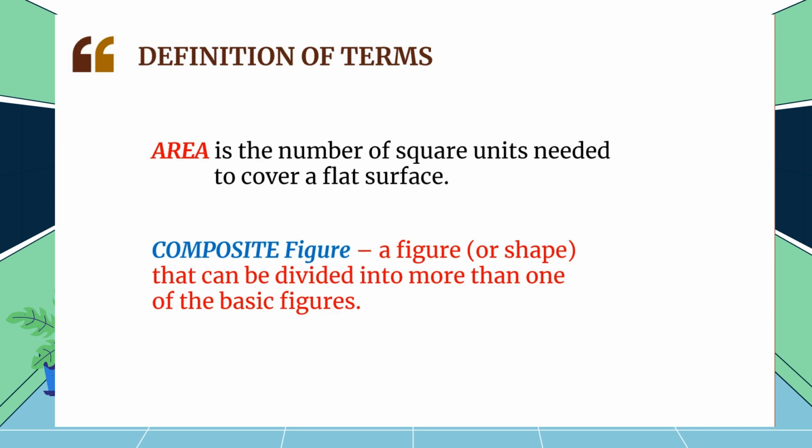It is a figure or shape that can be divided into more than one of the basic figures. Well, pag sinabi natin basic figures, kagaya na nabanggit sa ating most essential learning competencies, nabanggit doon yung square, rectangle, triangle, circle, and semicircle. So dito, iikot ang ating paksa ngayong linggong ito.